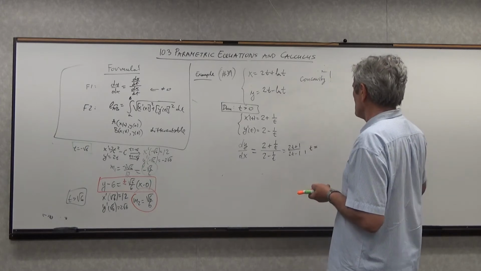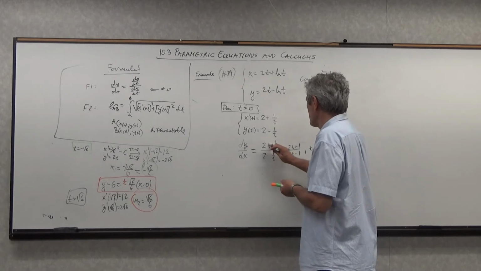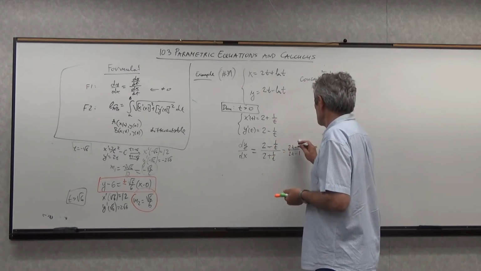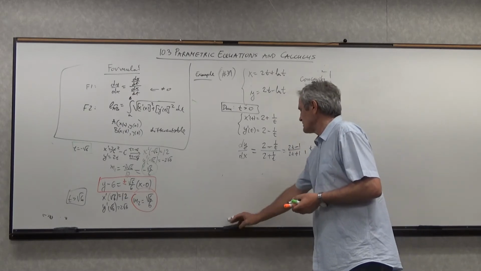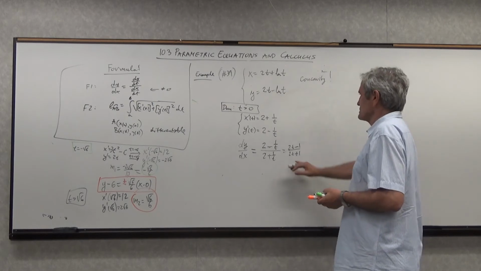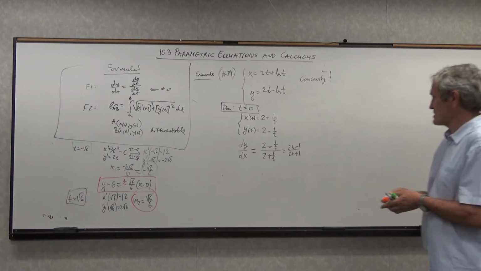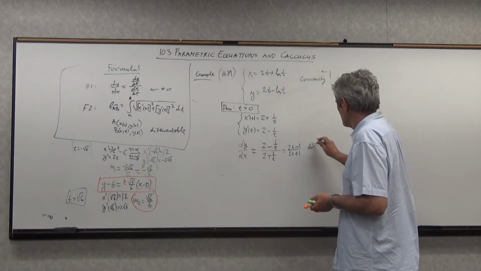Did I flip it? The other way around, sorry, minus the top plus the bottom. Oh, and that's what it was actually. So 2t plus 1. So this derivative always exists because 2t plus 1 is always positive. So this is always differentiable.